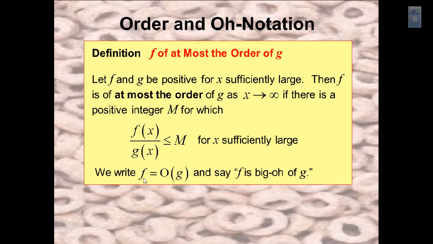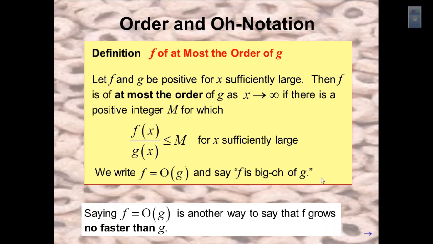We write f equals big O of g and say that f is big O of g. This is a way of saying that they grow at the same rate. And I know I mentioned just a second ago that there was a notation for growing at a faster rate, but that's not true. Little o means that one is growing slower than the other, which you can flip around, of course, and put the slower first. But big O means that they're growing at the same rate.